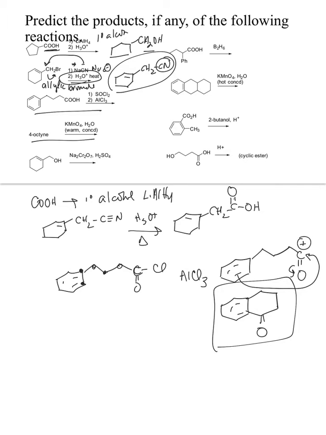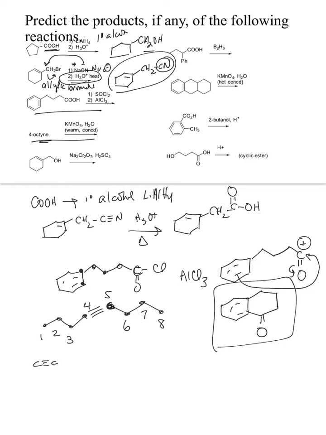Okay, the next one, 4-octyne. Octyne is 8 carbons: 1, 2, 3, 4. The yne is a triple bond, and these are linear. It's your carbon number 5, 6, 7, 8.